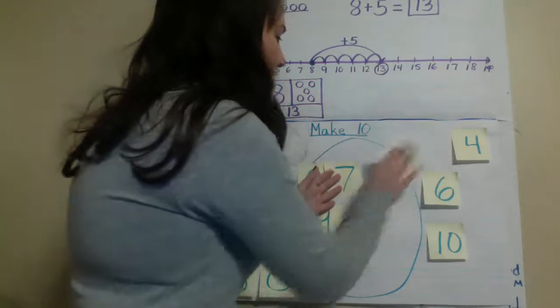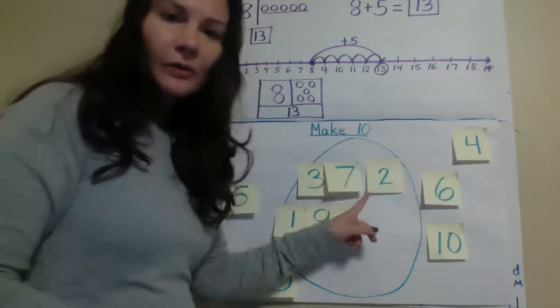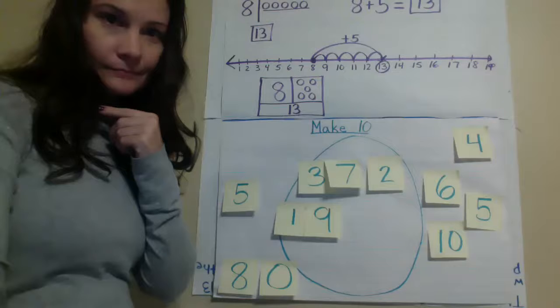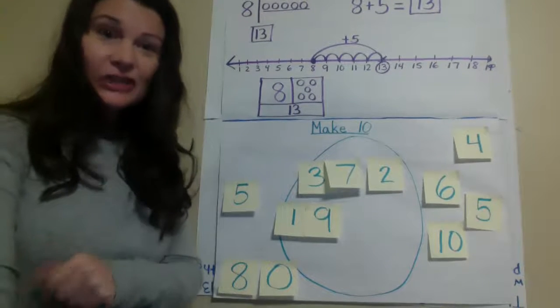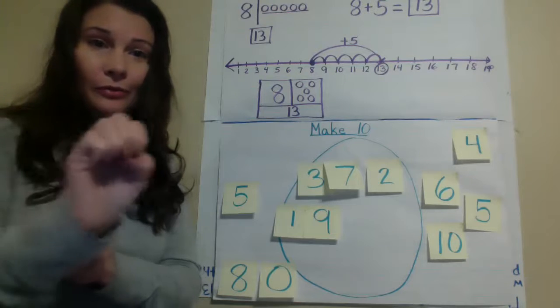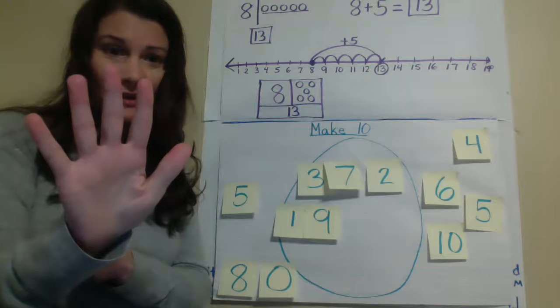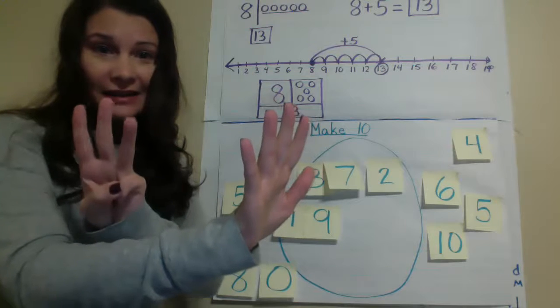What if I had 2? How many more would I need to get to 10? Did you figure it out? Let's try it. 2, 3, 4, 5, 6, 7, 8, 9, 10.